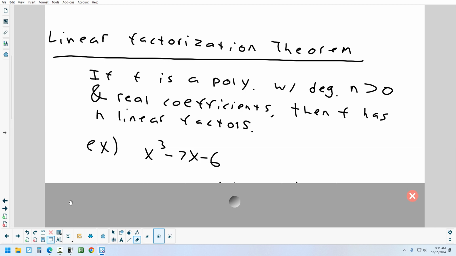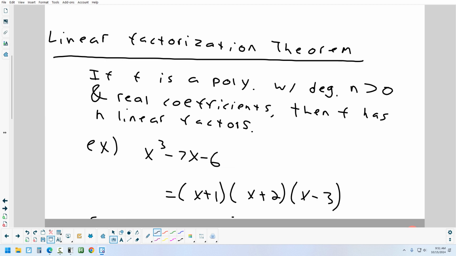So for example, if you were to try to factor that, how many sets of parentheses would you write based on that theorem? Yep, 3.